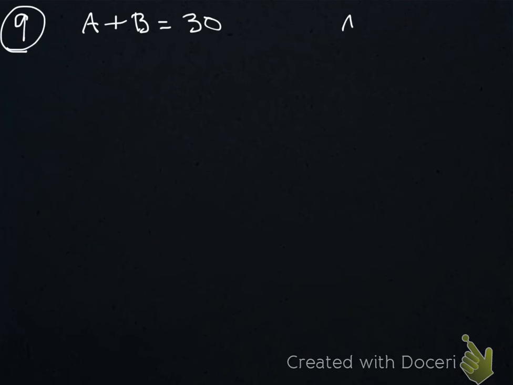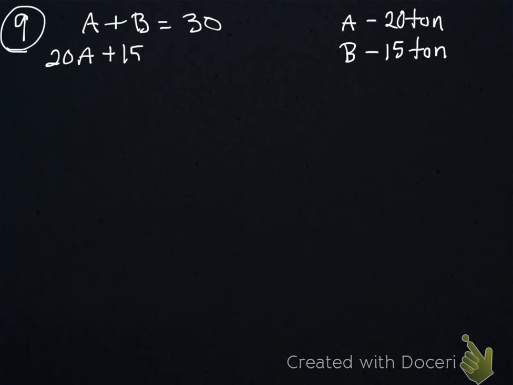We're going to say that A is our 20-ton bins, and B is our 15-ton bins. Let's find out how many of each one we have. Now, how many total tons do we have? It says 510. So 20A plus 15B equals 510.